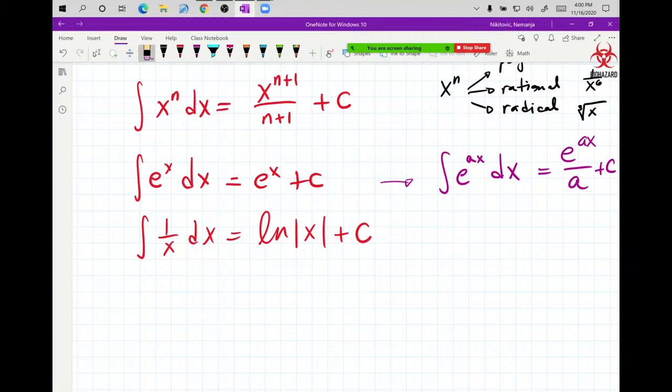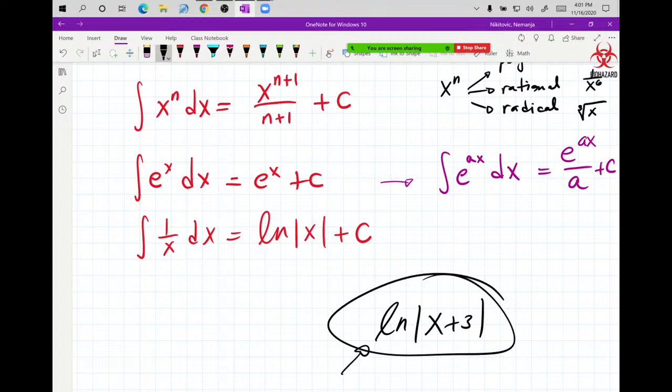Now, the entire section of Calc 2 called, I mentioned it, partial fraction decomposition, pretty much every other answer in that section will be some ln of absolute x plus 3 or something along those lines, okay? So you will have 2 or 3 of these in one solution.